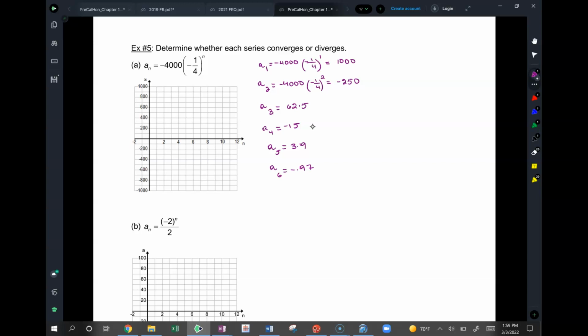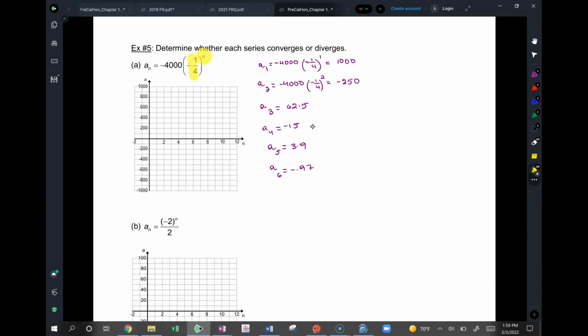Whenever n is an odd number, it's positive, and whenever it's an even number, it's negative. Absolutely. Do you see how the sign alternates? You have positive, negative, positive, negative. That happens when you have a negative term to the power of n.